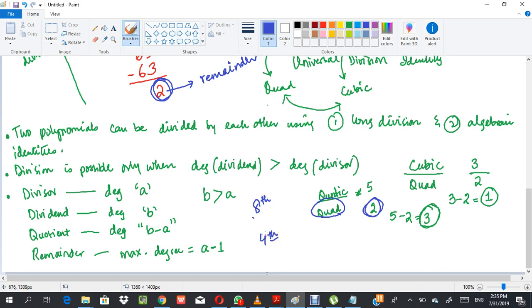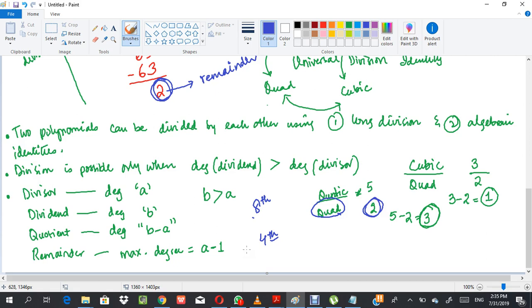In that case, the degree of the quotient will be 4, because it's obtained by 8 minus 4. And the maximum degree of the remainder is going to be 3. Why? Because the maximum degree of the remainder is A minus 1, where A is the degree of the divisor.